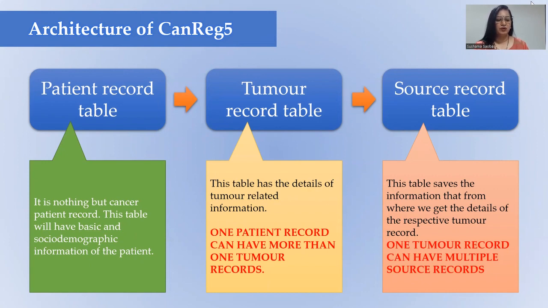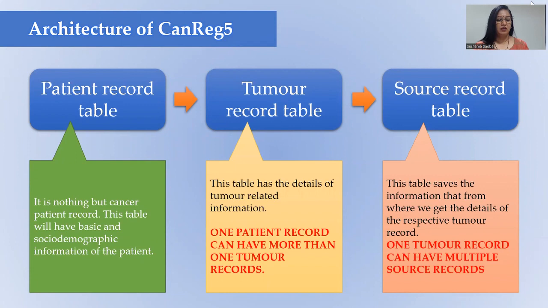Secondly, we have the tumor record. The tumor record is a table which is dependent on the patient record. Each patient can have single or multiple tumors. So information regarding that particular tumor is recorded in the tumor record table.